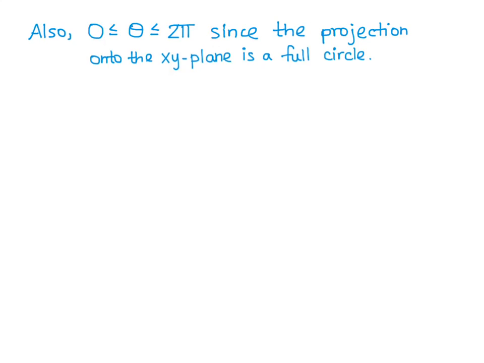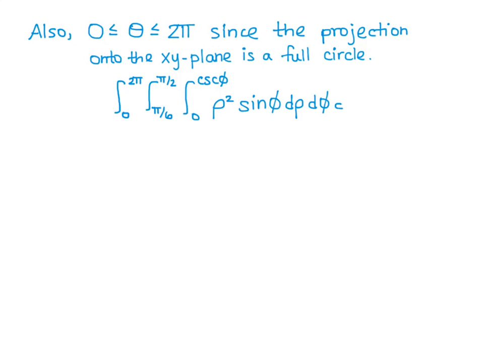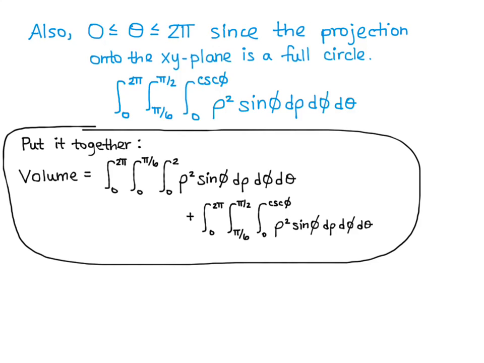So putting that all together, I have 0 to 2 pi, pi over 6 to pi over 2, and 0 to cosecant phi, and then my standard integrand for spherical coordinates. And now I just put it all together. We found the volume of the cone and the volume in the cylinder outside of the cone. And so I have the total volume is the sum of those two triple integrals.